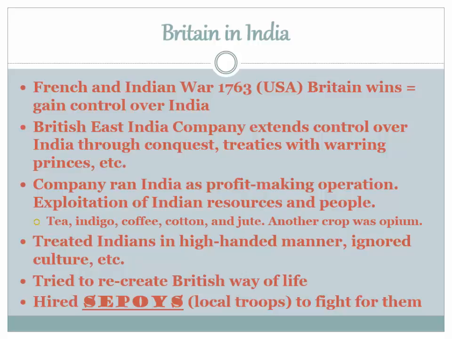We called it the French and Indian War in 1763. The United States and Great Britain win, but at the same time, they also won control over India. Huh? It's a war that was fought in the United States, but yet control of India was there. Prior to 1763, in the 1700s, India's ports were controlled by France.